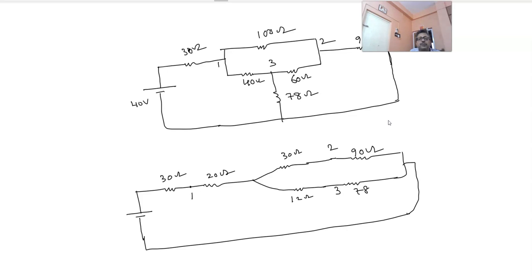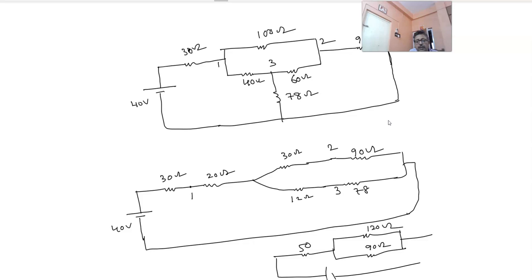Now this is equivalent to what? 120 and this is 80. So there will be 50. 90 ohms. So you can find the current at ease now, isn't it?